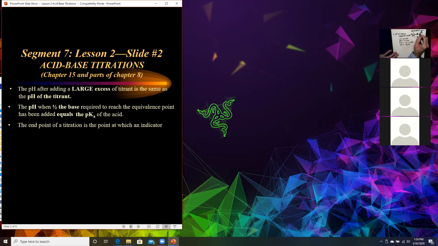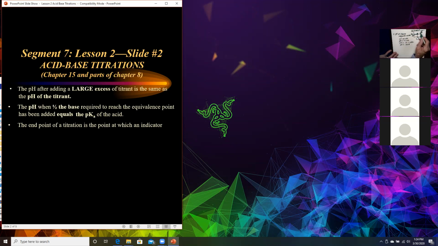Phenolphthalein is colorless when it's acid. So if you're adding base all along here, you don't see any color at all until you get real close to this. What will happen is you put in a drop of the base and it will form the pink color right where the drop hits, but then it dissipates and disappears. That means it's still got your acid in there to react with that indicator color.